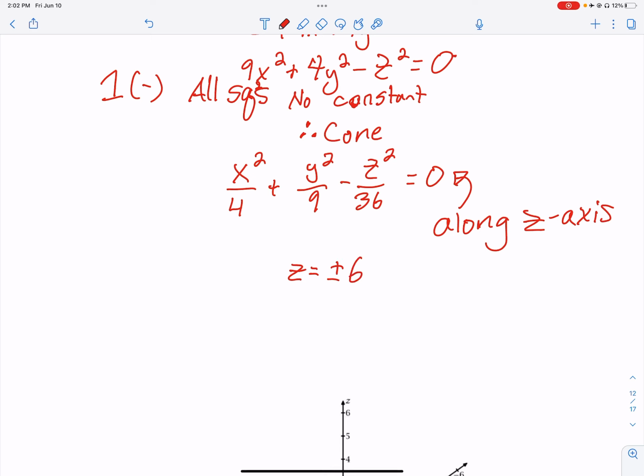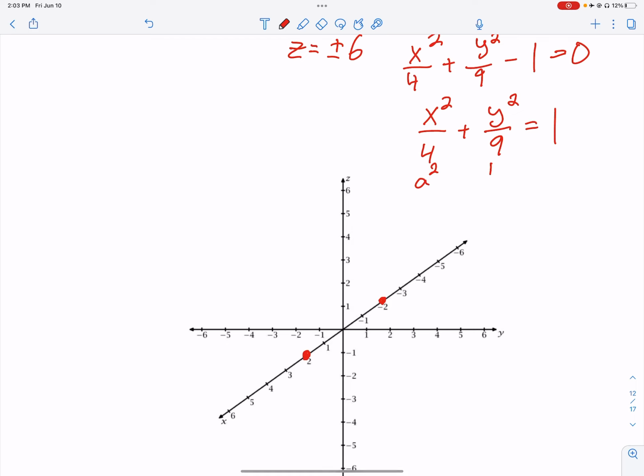Plugging in, I get x squared over 4 plus y squared over 9 minus 36 over 36, which is 1. So x squared over 4 plus y squared over 9 equals 1. That is an ellipse in the xy direction. I got 2 on the x-axis because this is a squared, and 3 in the y direction because this is b squared.